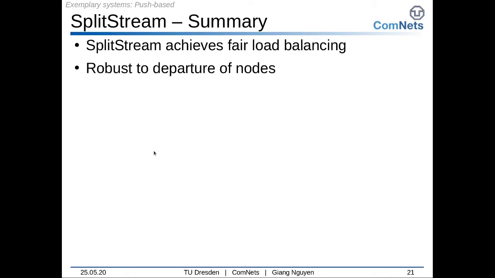In summary, SplitStream achieves fair load balancing. It is robust to departure of nodes for the reason that I described before, because a node only forwards the video packets in one tree.